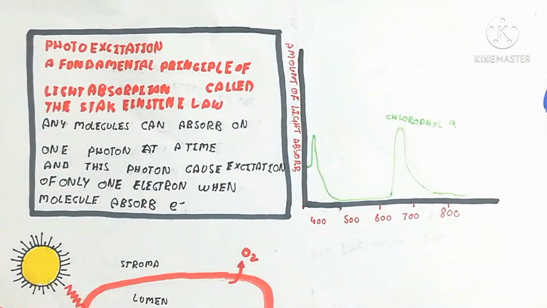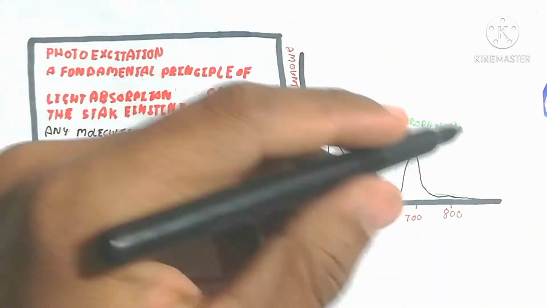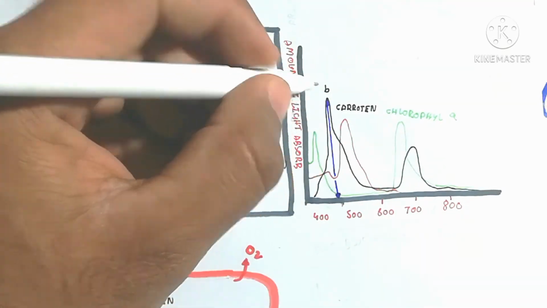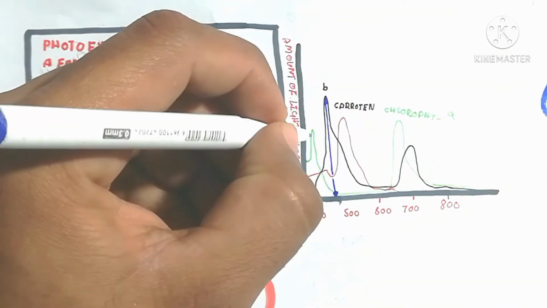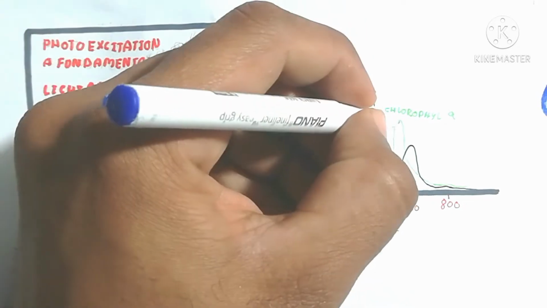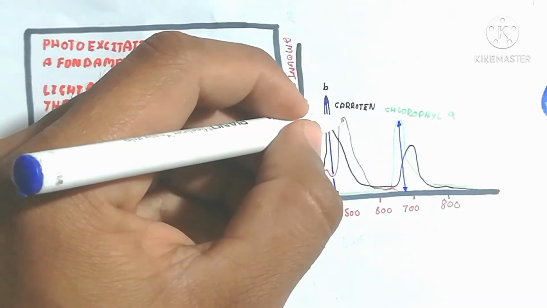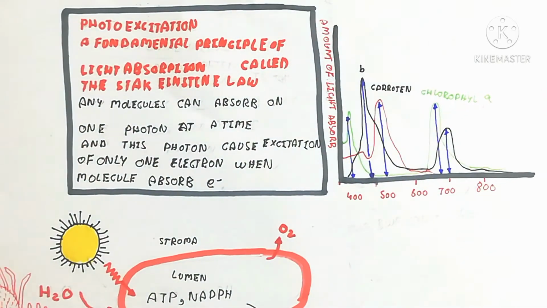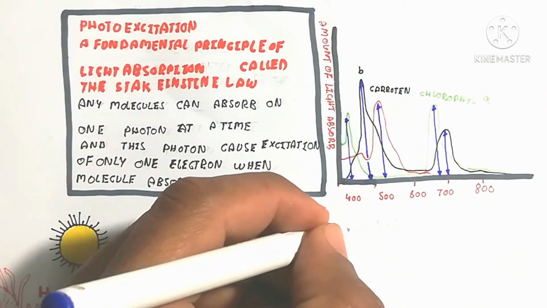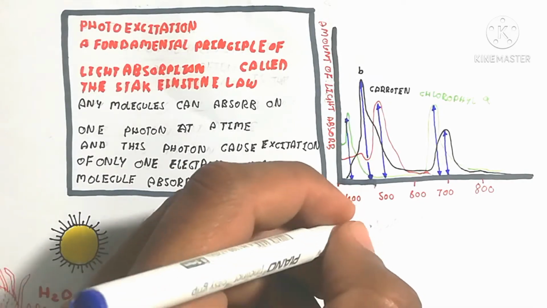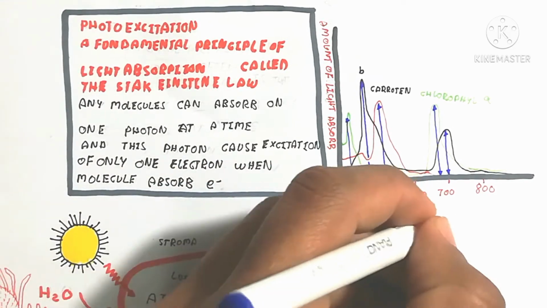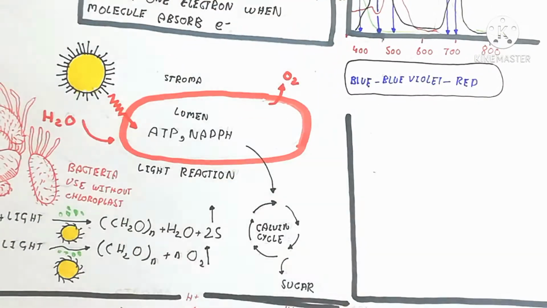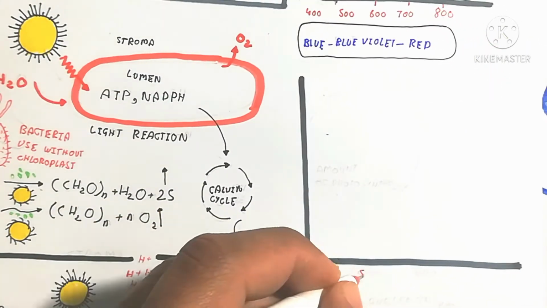Now here I am drawing the graph, where 400 nanometers to 800 nanometers is the range. The maximum light absorbed by the different carotenes is at 500 to 540, as well as 400 for chlorophyll A, and carotene is showing more light absorption in the graph.